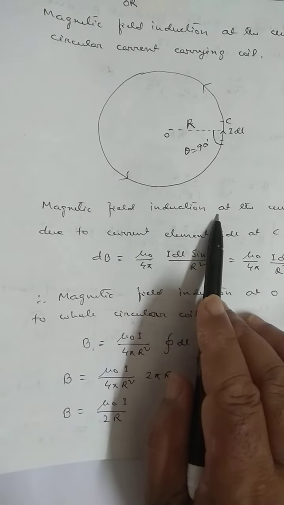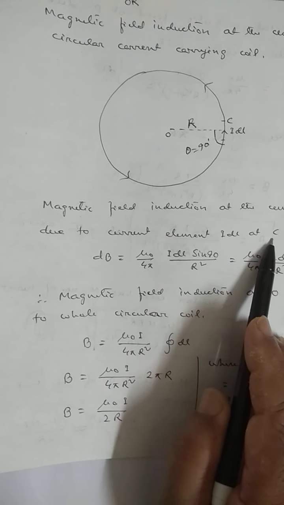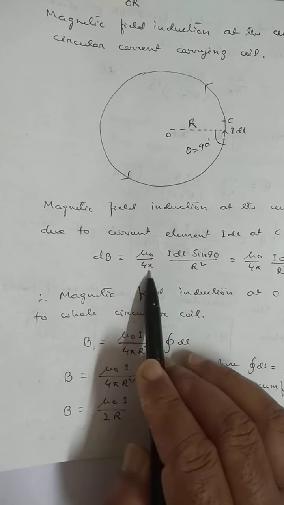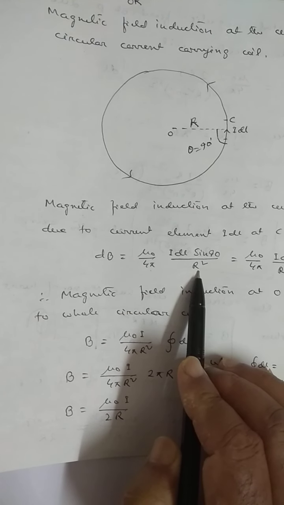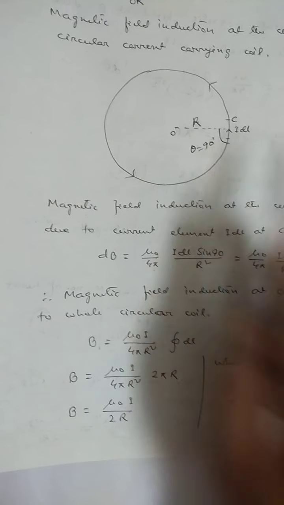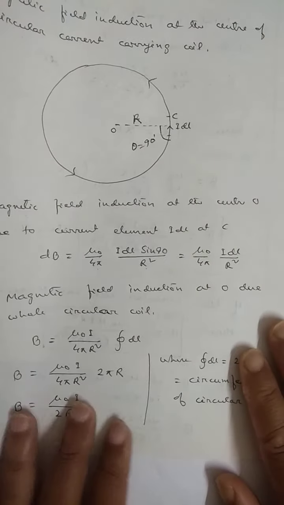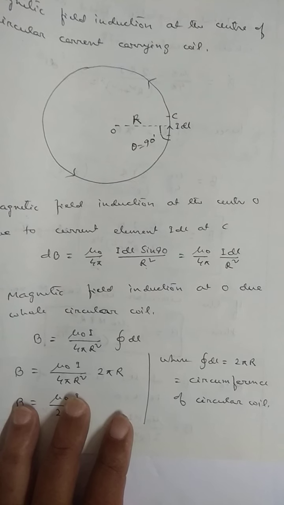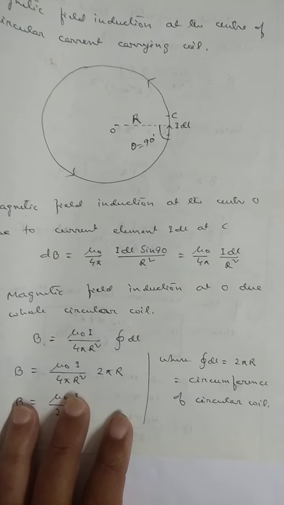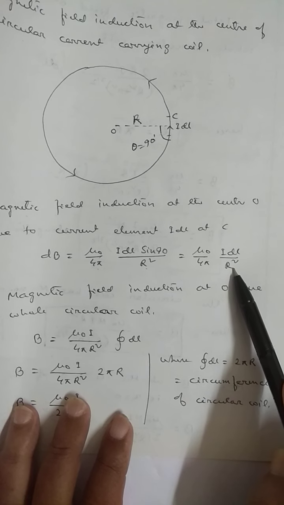Therefore magnetic field induction at the center due to current element I dl is dB equals mu 0 by 4 pi, I dl sine of 90 divided by r square, because theta is 90 degrees here. Whatever be the case, theta is always 90 for the circular coil, whether it is an axial point or at the center of the coil. So sine 90 is 1, so mu 0 I dl by 4 pi r square.